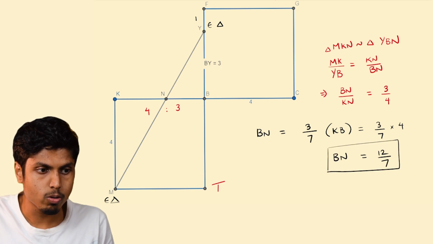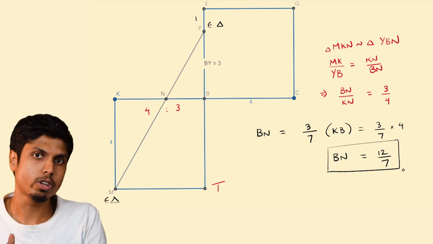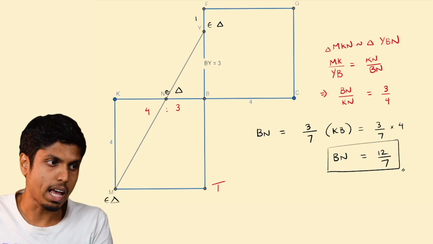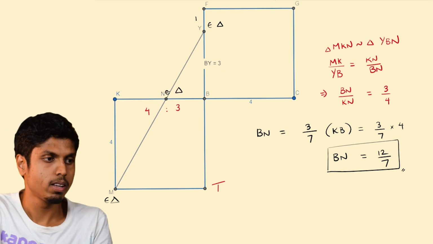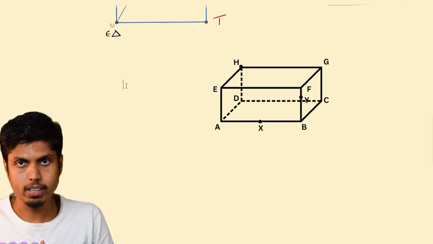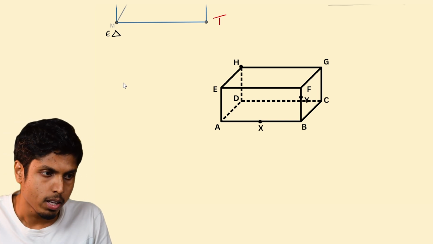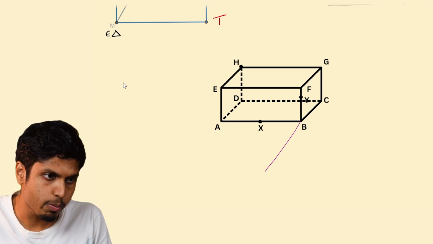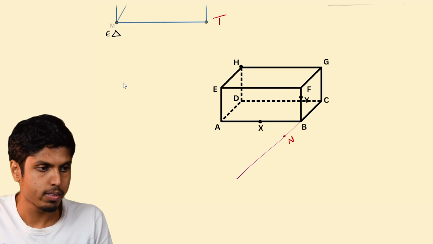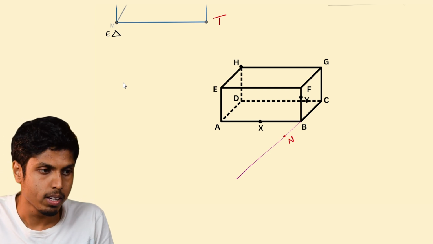So now we have figured out BN. But how is the point N actually going to help us? So we know N belongs to delta as it lies on the line MY. Now let's take the top view again. So here we are back with the cuboid again. And let's mark the actual location of point M. Point N is the point on extended side CB such that it lies on the plane delta, our required plane HXY.